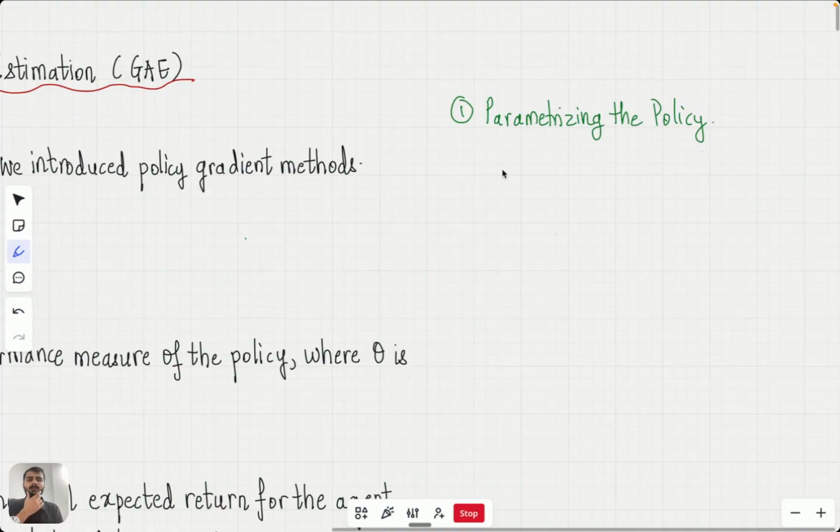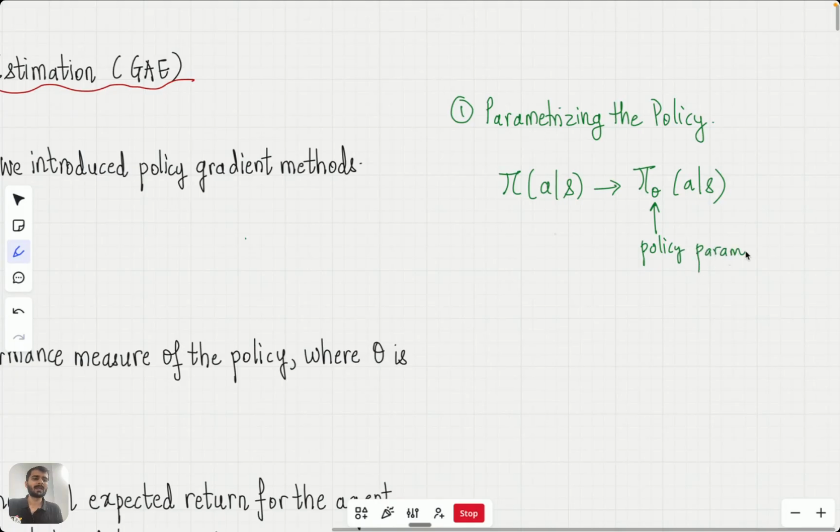This meant that from the notation pi of a given s, the probability of taking action a while being in state s, this was converted to pi theta of a given s, which means that we have a policy parameter which is used to parameterize our policy.